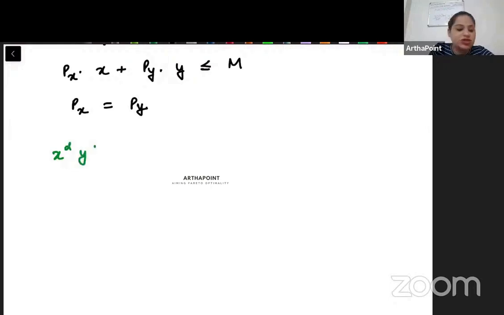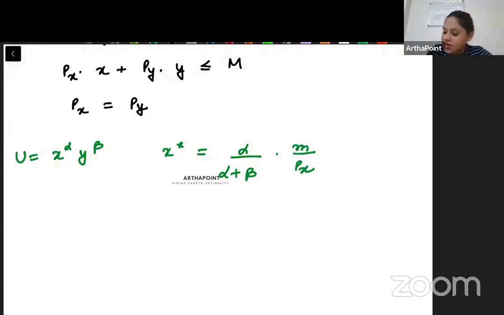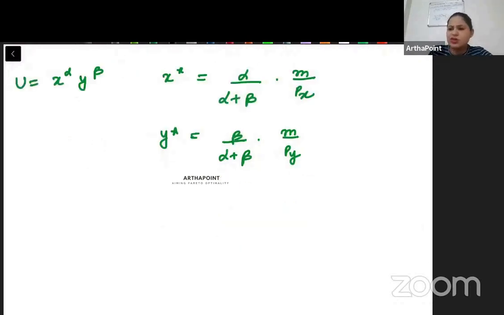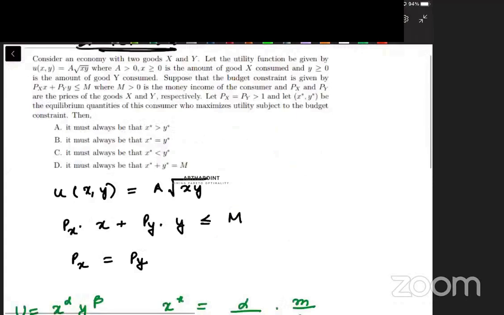When my utility function is like this, can you tell me what was X star, Y star? X star was alpha upon alpha plus beta M by PX. And Y star was beta upon alpha plus beta M by PY. Right?